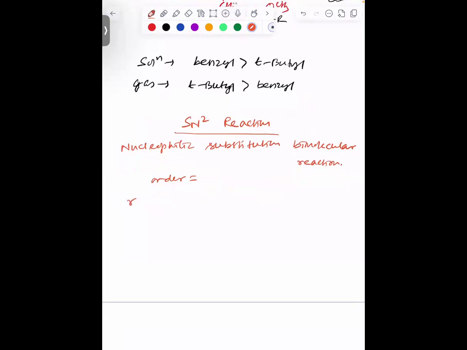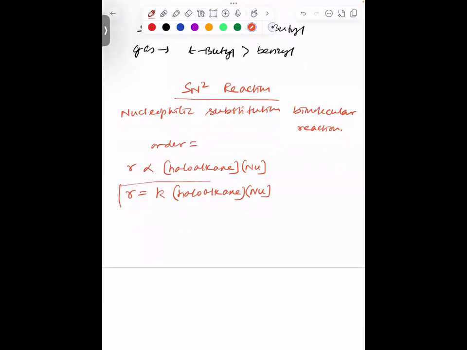You can write the rate of the reaction is proportional to the haloalkane and nucleophile, or rate equals k times haloalkane and nucleophile.